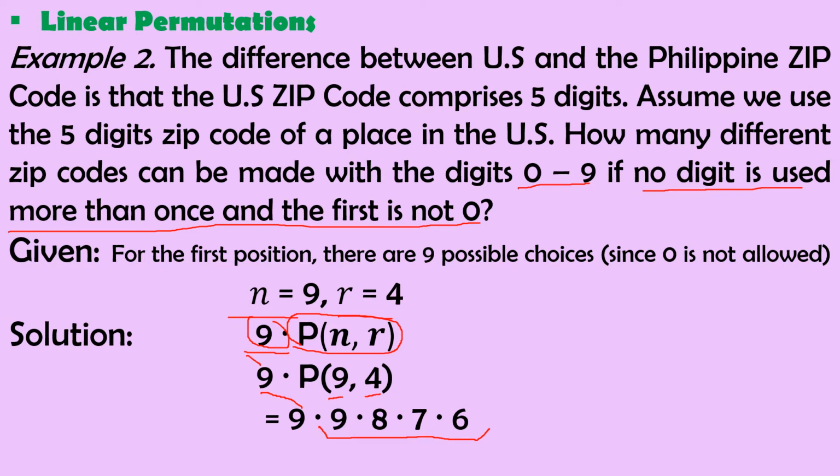Okay, so let us check if your answer is correct. So the final answer is 27,216 ways. I hope you got the correct answer. Very good! You got the correct answer from our example number 2. This time, I am sure that you can get also the correct answer.